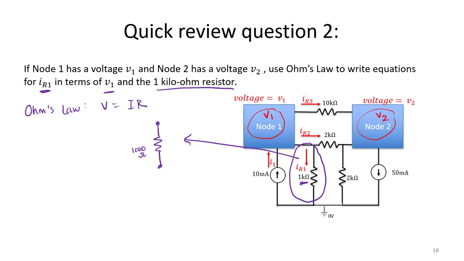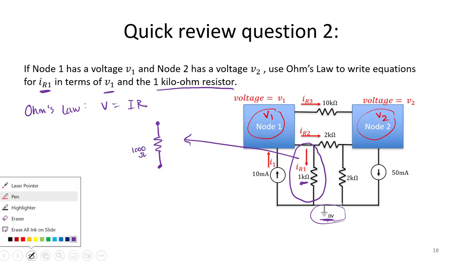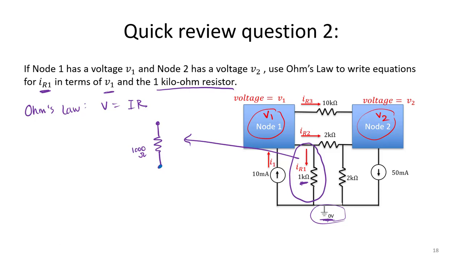Notice I'm told that the ground node here is sitting at 0 volts. That means the bottom side of my resistor here is sitting at 0 volts. And I also know that this resistor is connected to node 1.